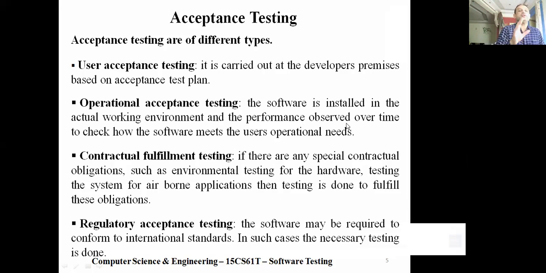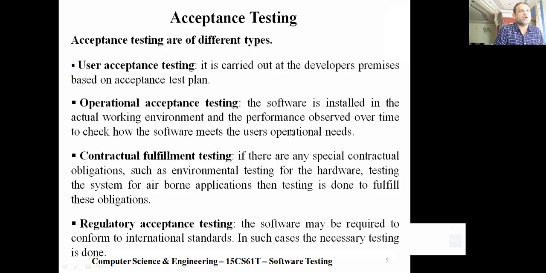Then you can say the software is working correctly there. You check whether all the requirements are being met by the software, in the actual environment. That is what we call operational acceptance testing.